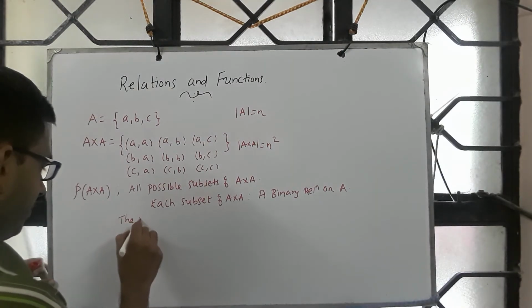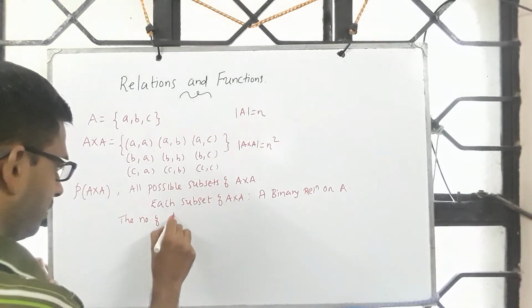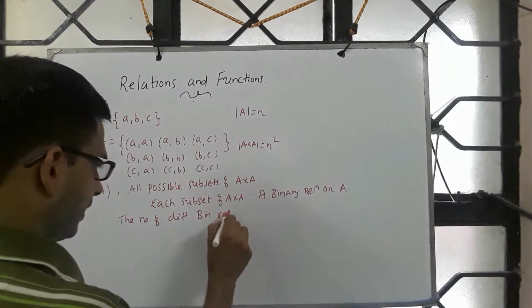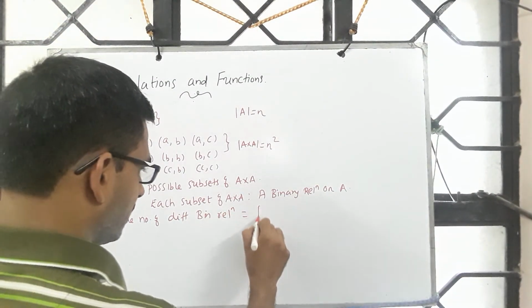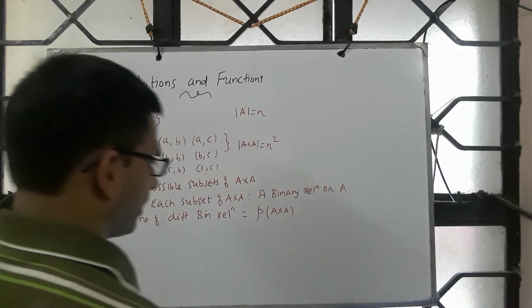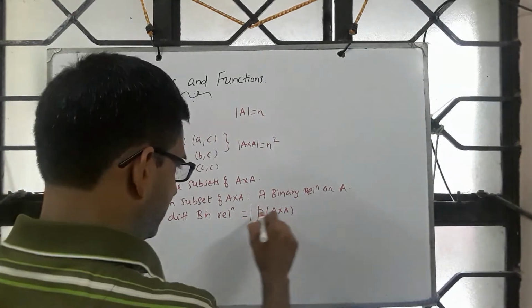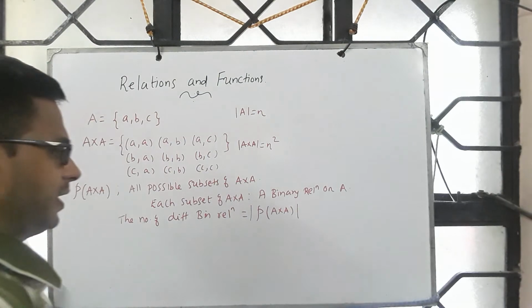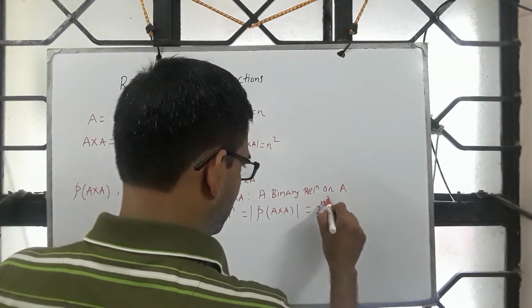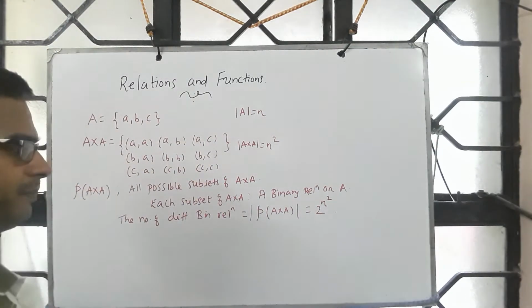So the number of different binary relations is precisely how many different subsets are there in A cross A, which we saw is 2 power n square.